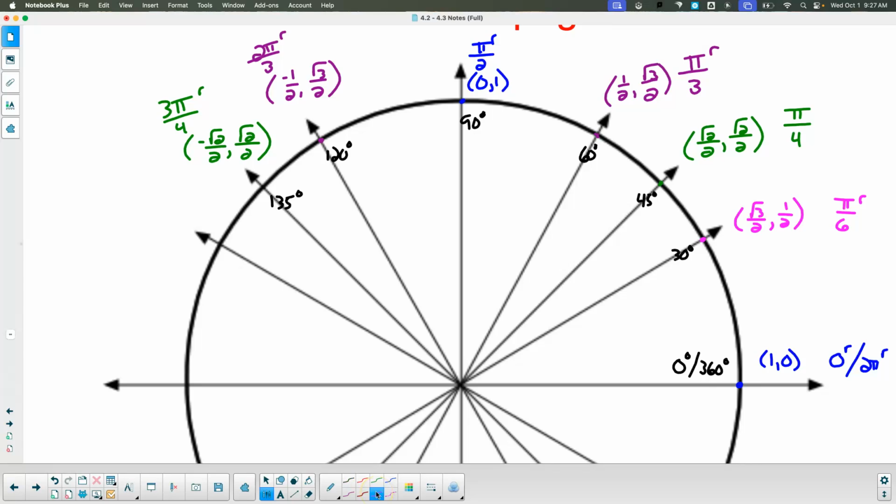Next one would be negative square root 3 over 2, comma, 1/2, which would be 5 pi over 6, which would be 150 degrees. Next one would be -1, 0, which would be pi, which would be 180 degrees.